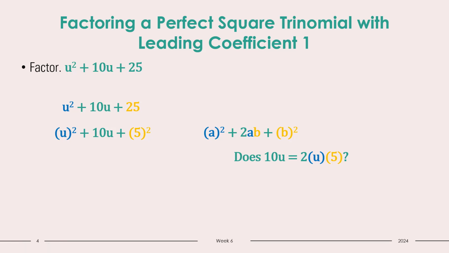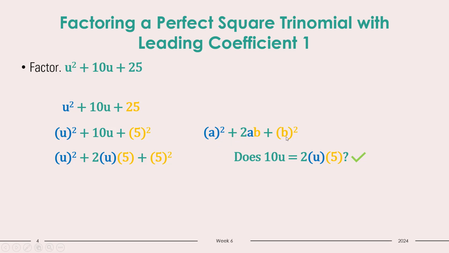And of course it does, right? 10U is the same thing as 2 times U times 5. So this does meet the pattern. I've got my A squared, I've got 2 times A times B, I've got B squared, just like we have here.